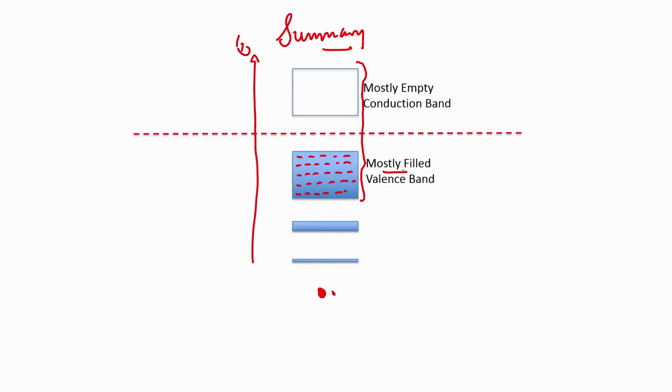When you say a band is mostly filled, it implies that electrons are occupying these energy levels, or these electrons have taken up those solutions prescribed by Schrodinger's equation that correspond to these energy states.